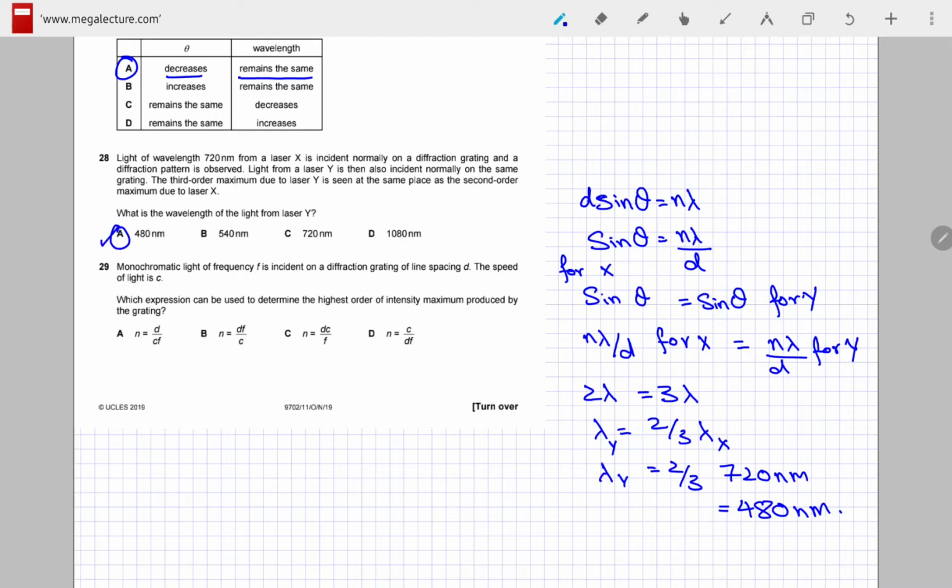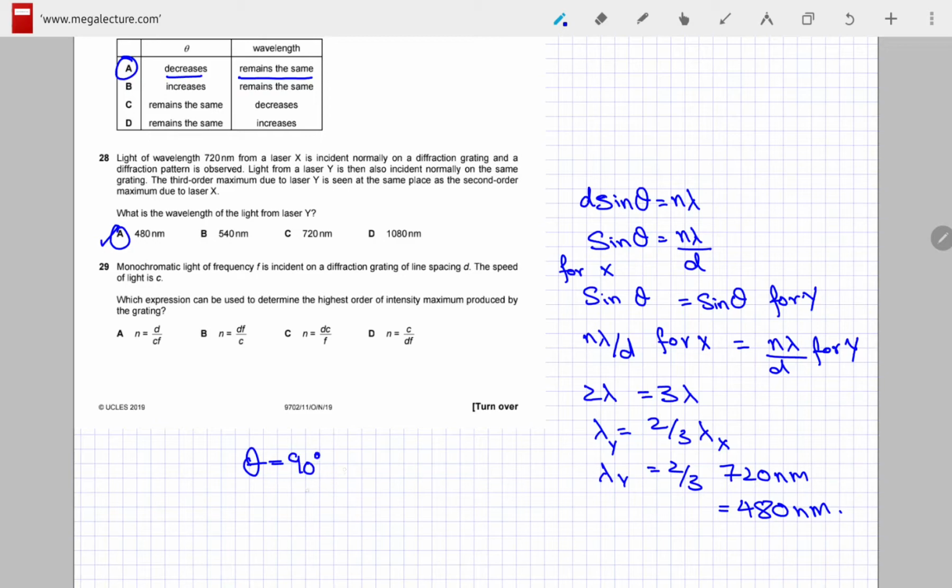29. Monochromatic light of frequency f is incident on a diffraction grating of line spacing d, and the speed of light is c. Which expression can be used to determine the highest order of intensity maximum produced by the grating? So we know that the highest order of intensity maximum produced by the grating is only achieved when theta is equal to 90 degrees, right?